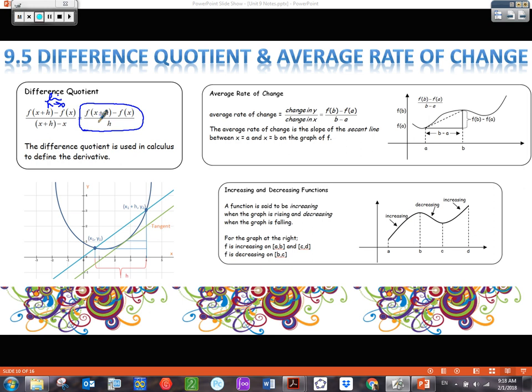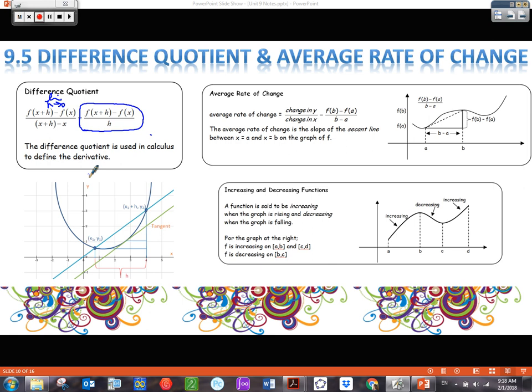What we're doing is creating this quotient with f of x plus h minus f of x over h. And in calculus, we're going to add this extra piece on. We're going to do the limit as h goes to 0, and that's going to find us the derivative. It's called the definition of the derivative when the limit is attached. Okay, so we're just working on difference quotient today.